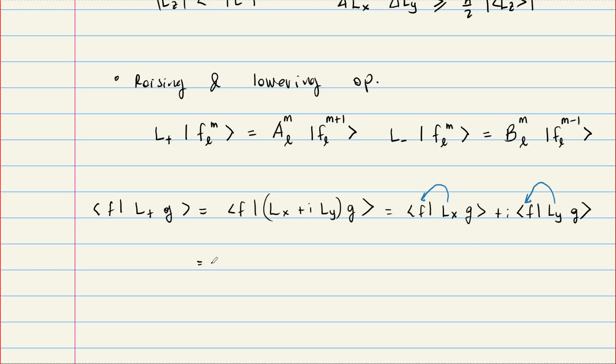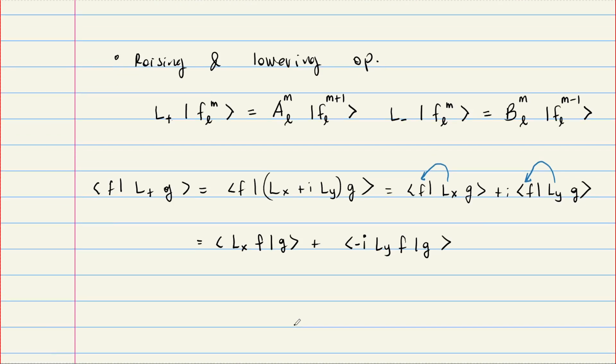So this is going to be equal to <Lx f|g> plus i <Ly f|g>, right? And now I can carry this i inside, but in the bra space i becomes minus i, and this shows us this thing is equal to <(Lx minus i Ly) f|g>.